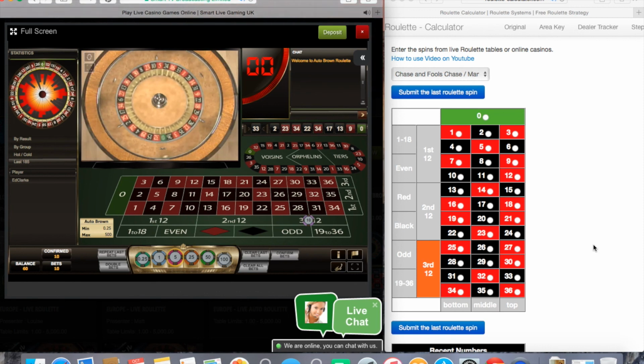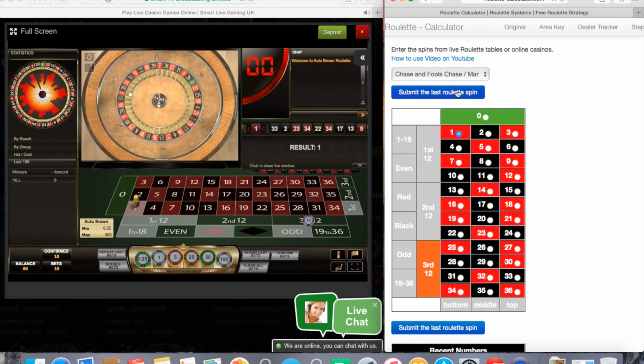Yeah, it was quite interesting, because the calculator that we're using here relies on the table being random. So when a series of events haven't taken place, that's when the calculator kicks in and basically works its magic. So number 1 came in, so we're on the third bet.